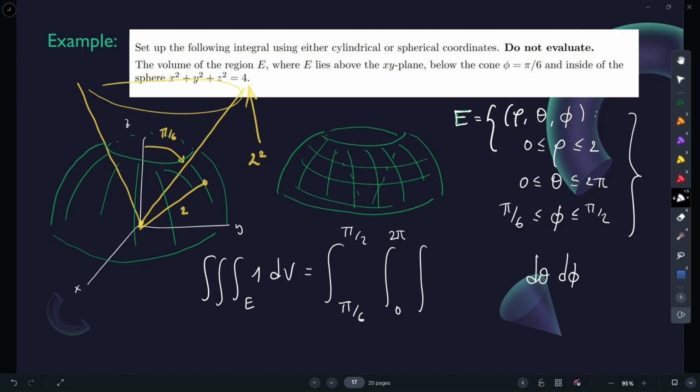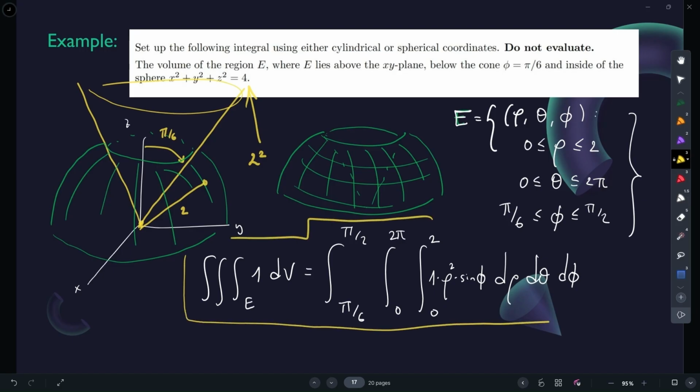In radius, the integral from 0 to 2 d rho. And then I have to integrate the function 1, and I have to multiply by the conversion factor to spherical, which is rho squared times sine of phi. So that all in all, this is the integral that we would have to compute to compute the volume of that region.